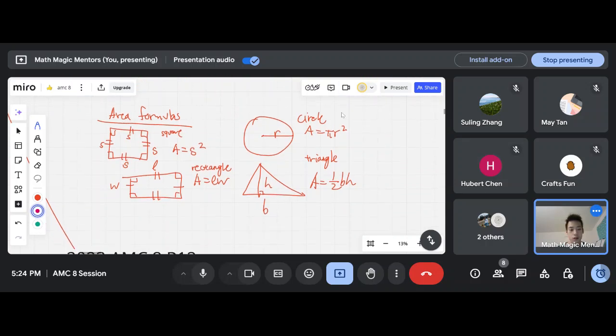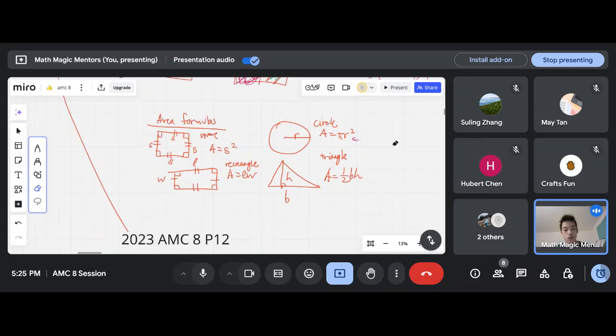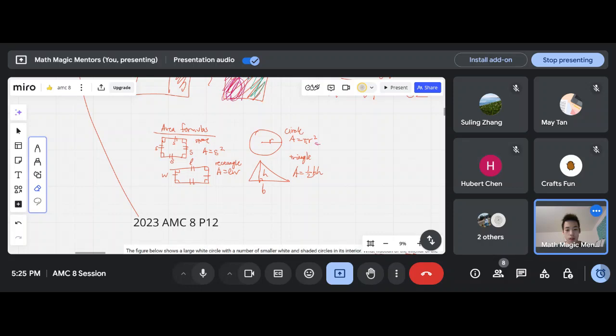If r is an integer, you're going to have something in terms of pi, and I think it's best to leave the pi there in your computations. But when you're doing the actual ratio, you can just cancel the pi.